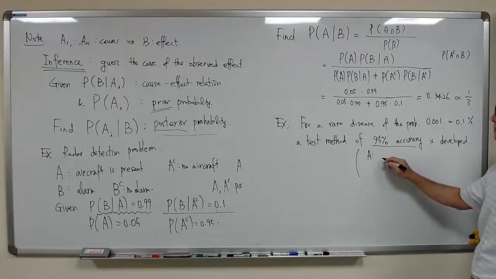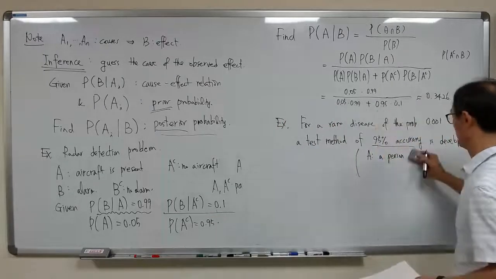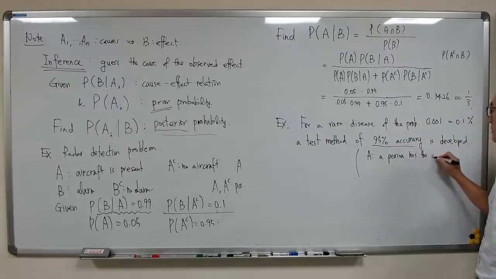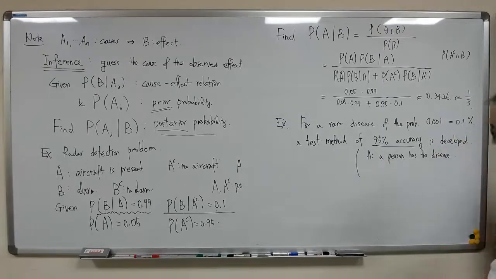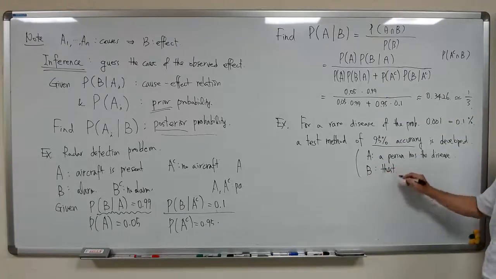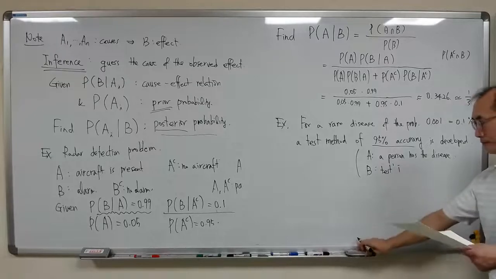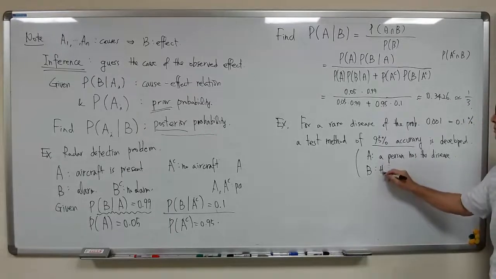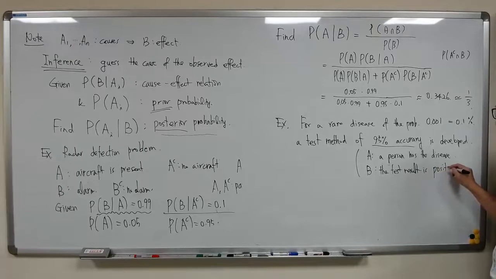Let's consider this event. Suppose event A is that a randomly chosen person has the disease. The probability of this event is 0.001. And B is that the test result is positive.